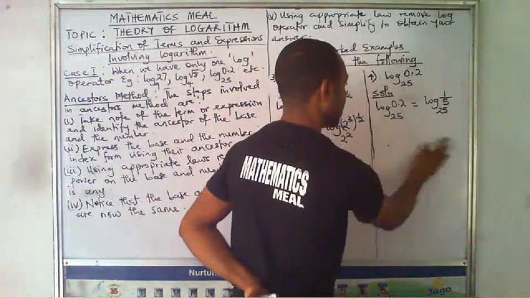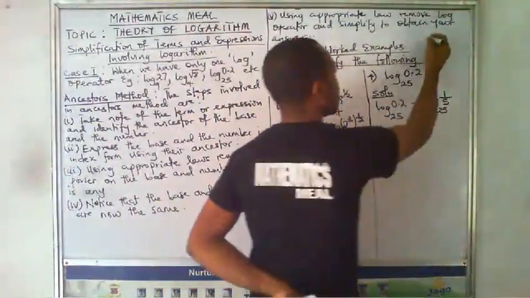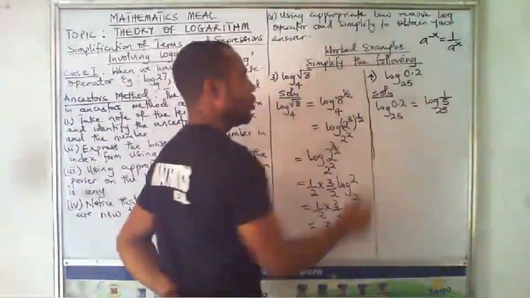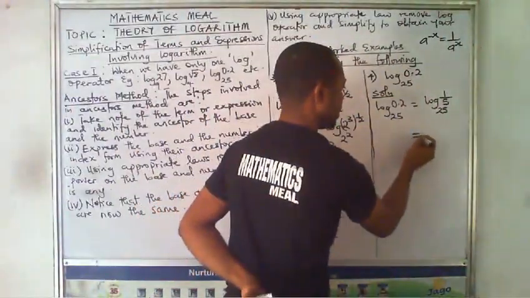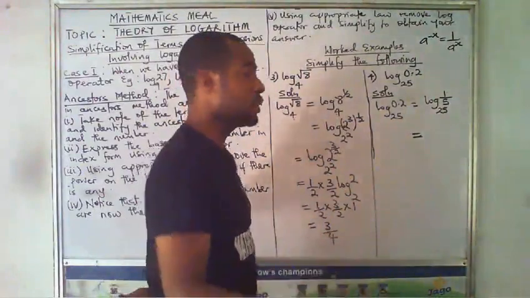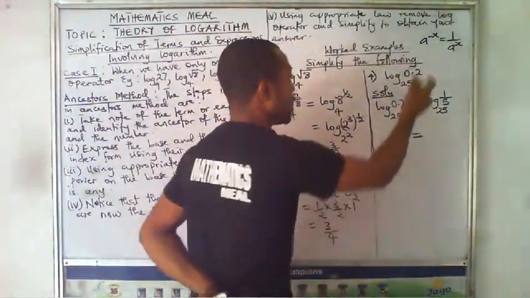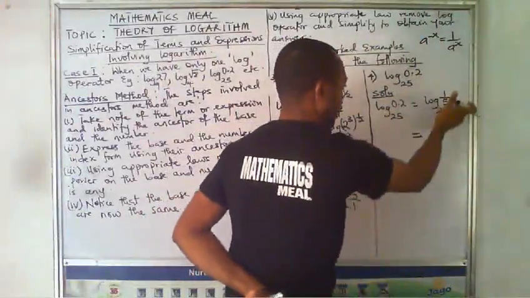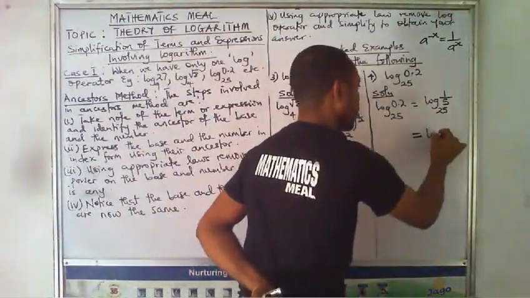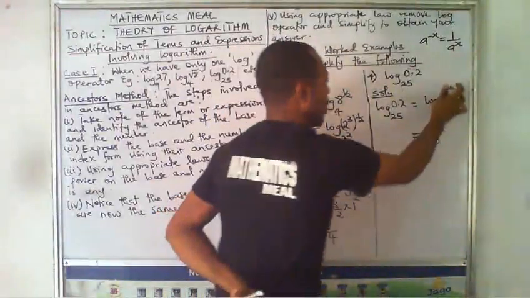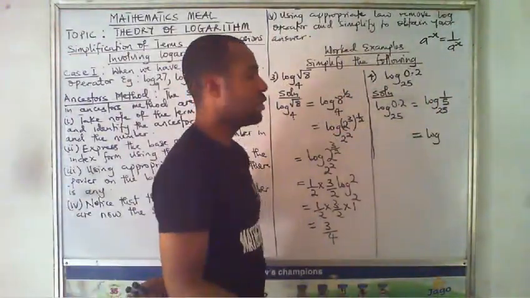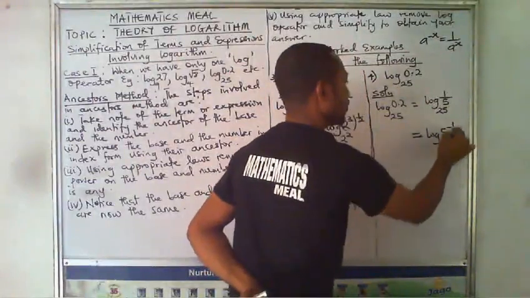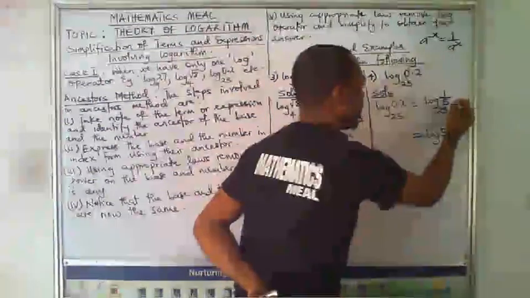So if I have 1 over 5, we are saying that a raised to the power minus x is 1 over a raised to the power x. We are looking onto this particular law in order to handle it. So we have log 1 over 5. Now 1 over 5 is 5 raised to the power minus 1, because the power of 5 here is 1.